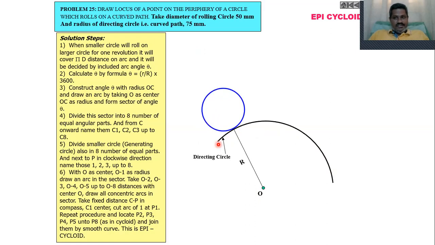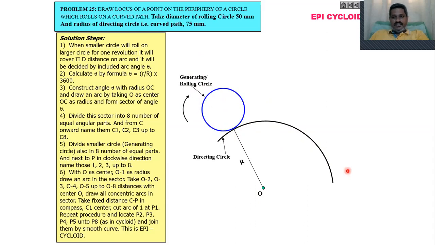Then divide this generating circle into a convenient number of equal divisions. This is the generating or rolling circle, and it is going to roll on this curved path, which we call the directing circle. Now, how much distance does this generating circle need to move?